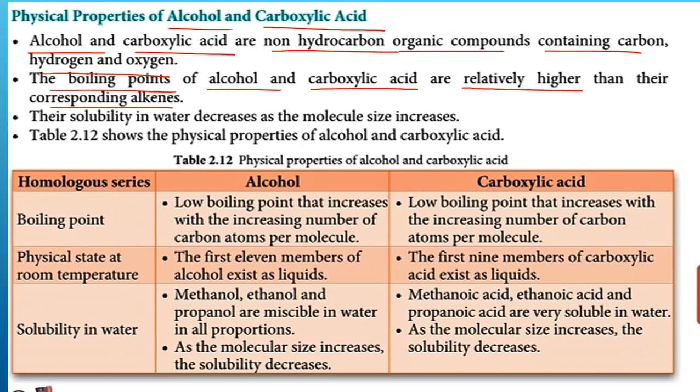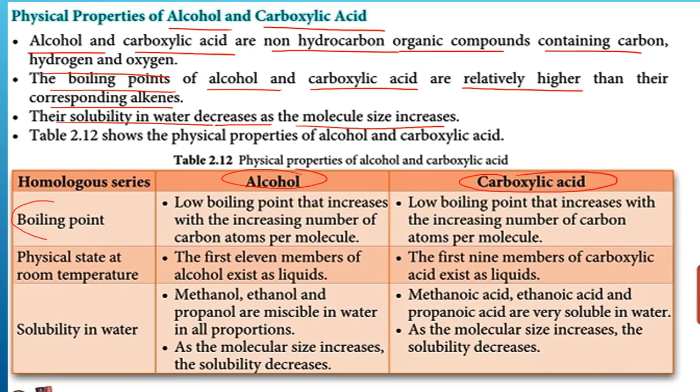For example, ethanol and ethene. Ethanol's boiling point is higher than ethene. Their solubility in water decreases as the molecule size increases. So these are the physical properties of alcohol and carboxylic acid.